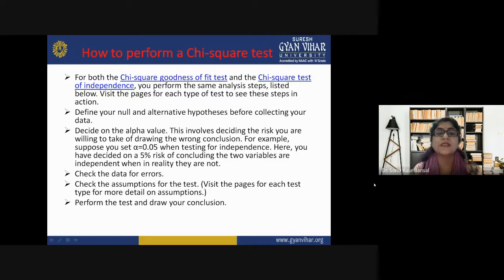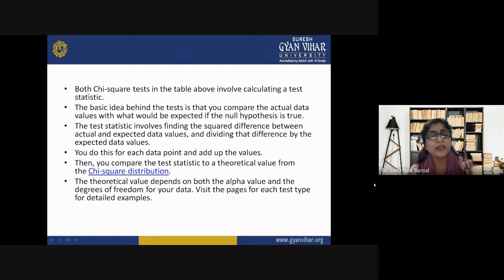Okay, students, this is how to perform the chi-square test. Necessary conditions we have discussed again. Both chi-square tests in the table above involve calculating a test statistic. The basic idea behind the test is that you compare the actual data values with what would be expected if the null hypothesis is true.